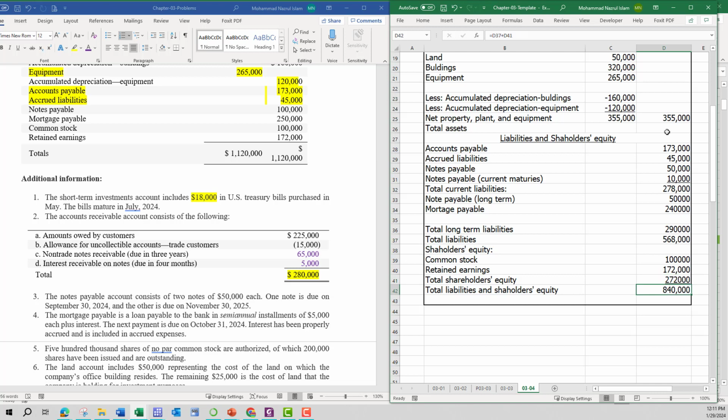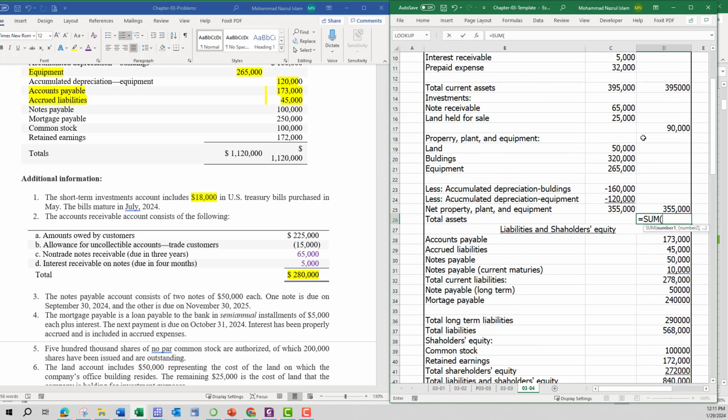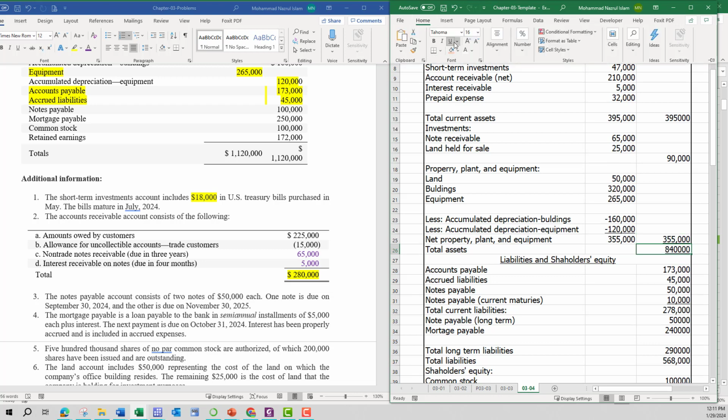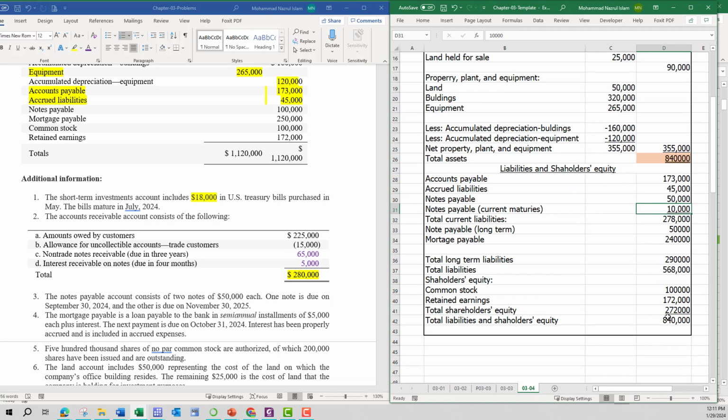Underline, and if we use the sum function for these three, we get 840. So over here 840, and then here 840.